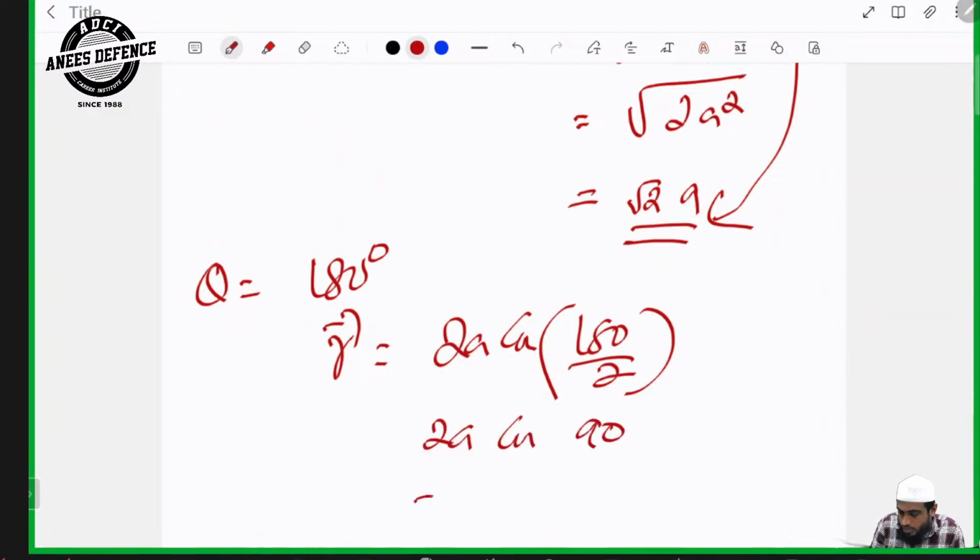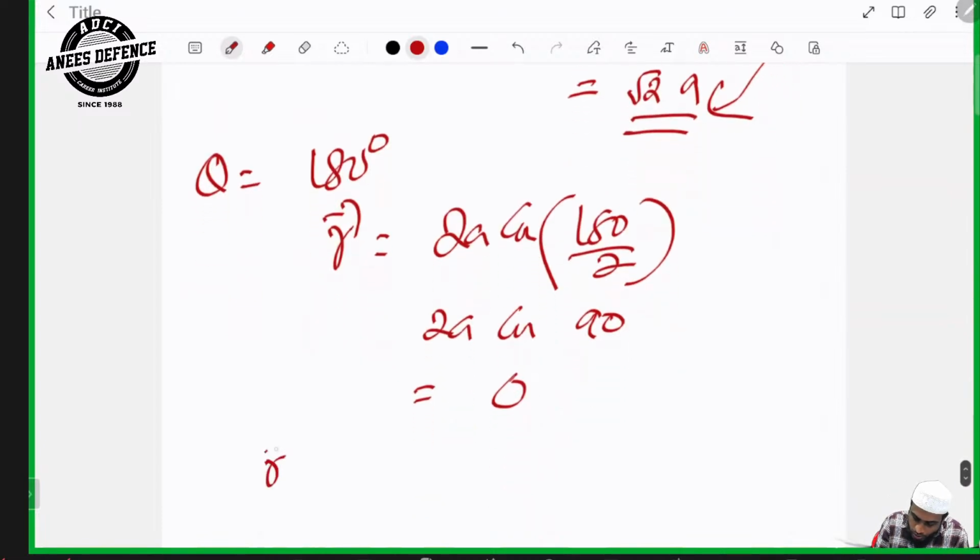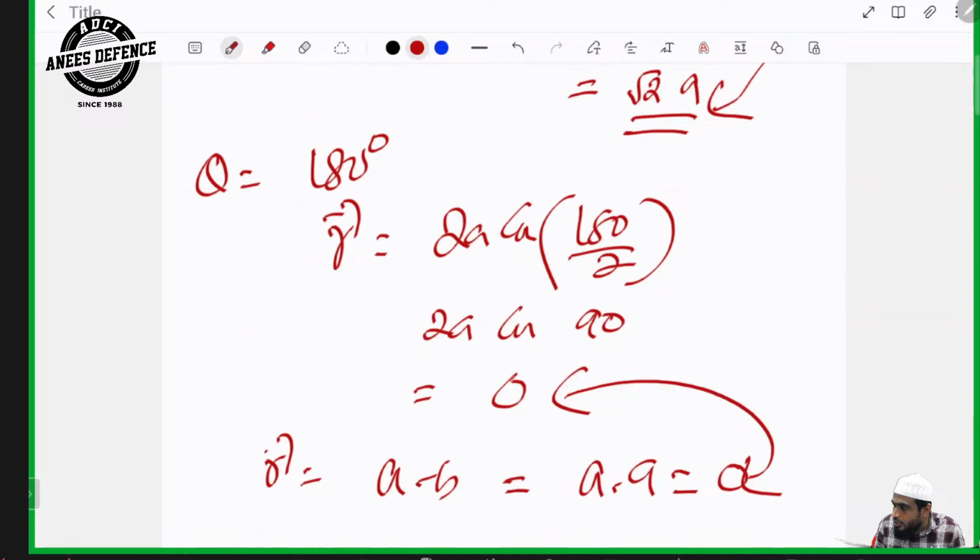Cos 90 is 0. Understood? In the previous case, I told you that if theta is equal to 180 degree, simply you can subtract. No need to use a formula. If A and B are equal, A minus A, 0. Both are equal.